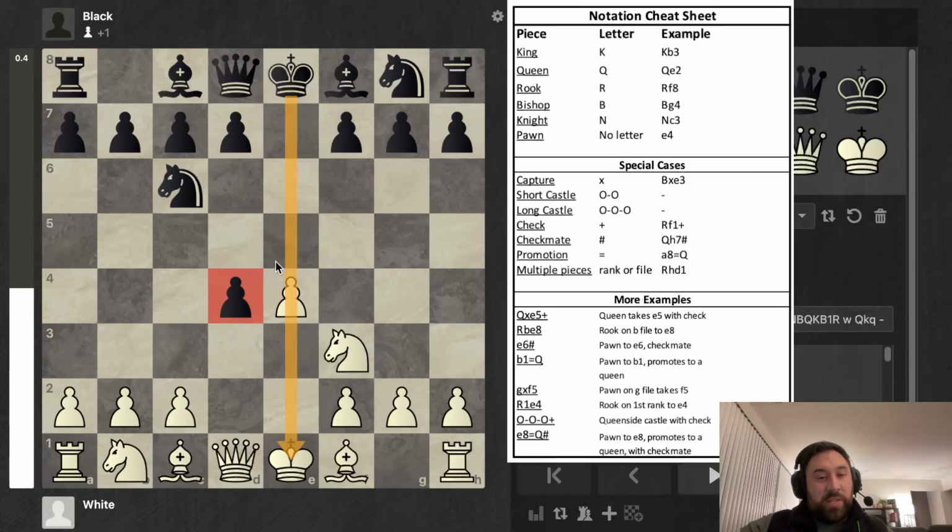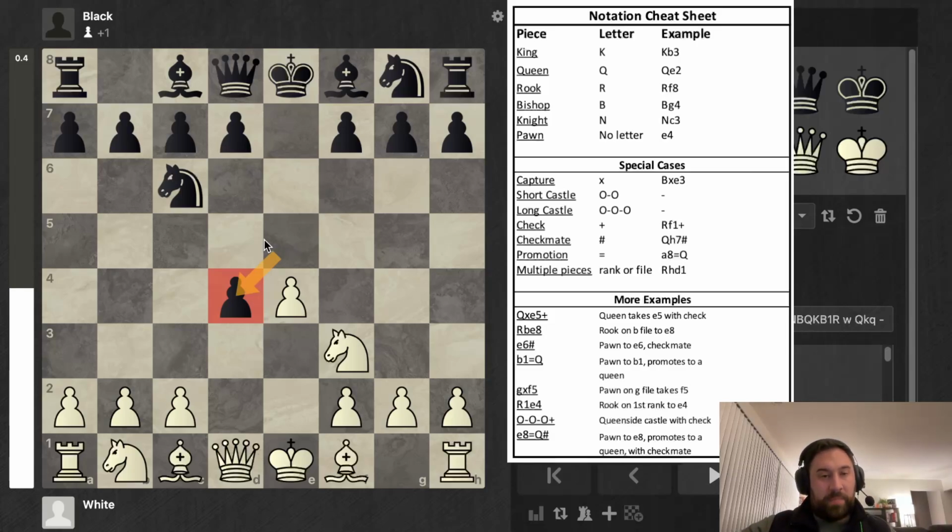So this move right here, from there to there, is going to be written as EXD4. In other words, if we were to expand that out, it might sound like if you were describing this to a person, and not just writing it down on paper, you might say E pawn takes D4, right? So the X always goes in between the piece and the square that it's taking.